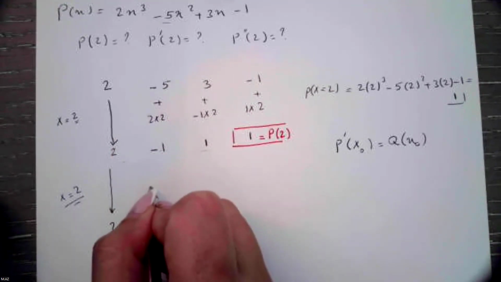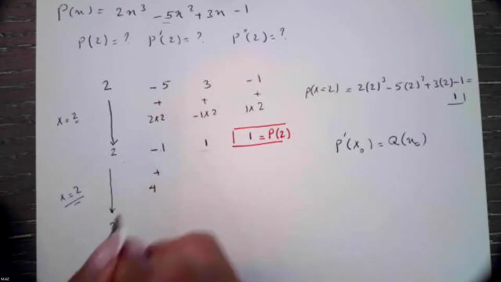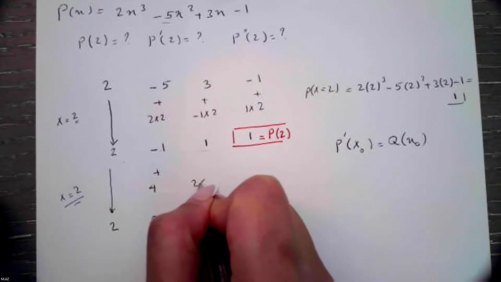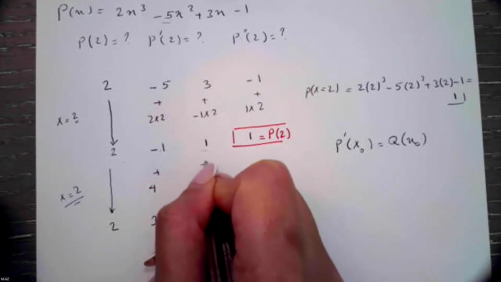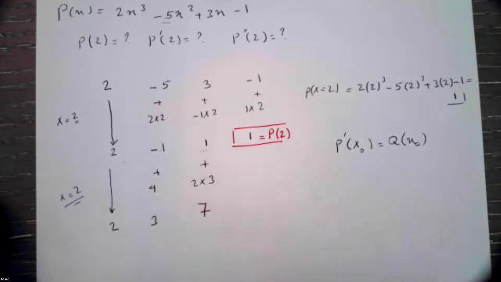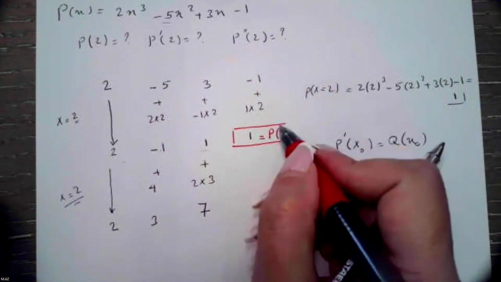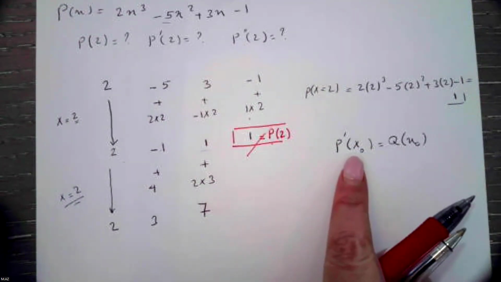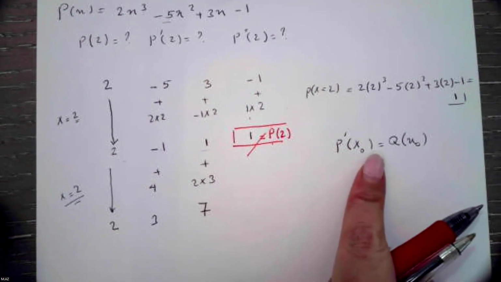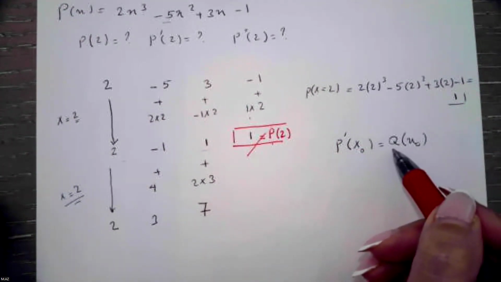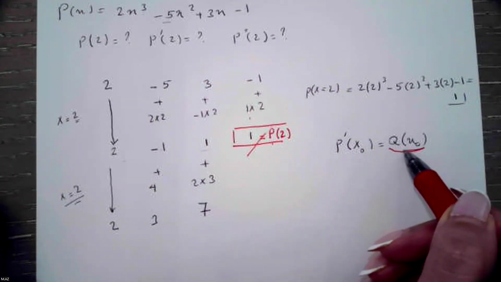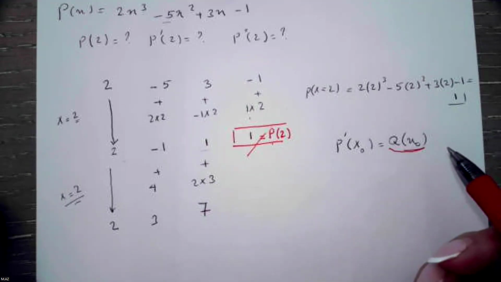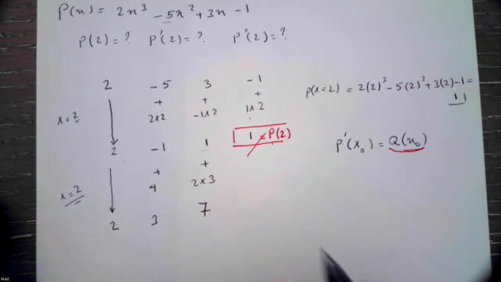2 times 2 is 4, plus minus 1 is 3. 2 times 3 is 6, plus 1 is 7. We are not going to work on the remainder when we are trying to find the first derivative, because based on this equation, we have to find the value at x0 of the quotient equation.